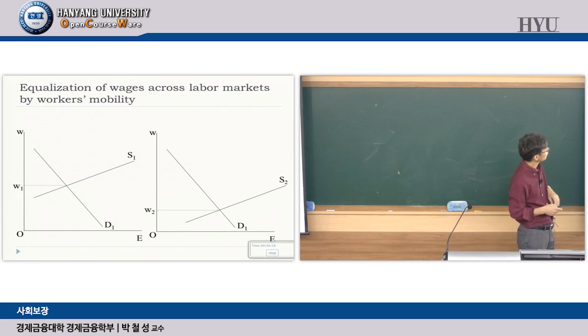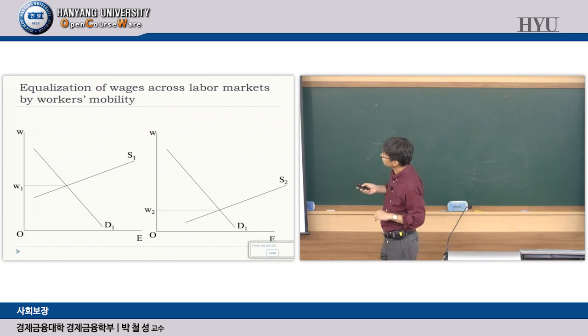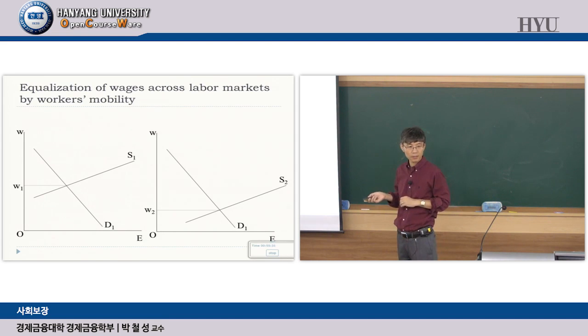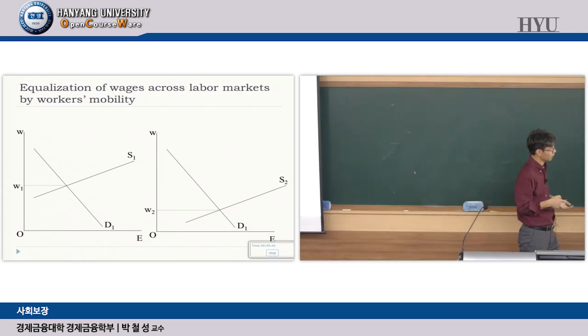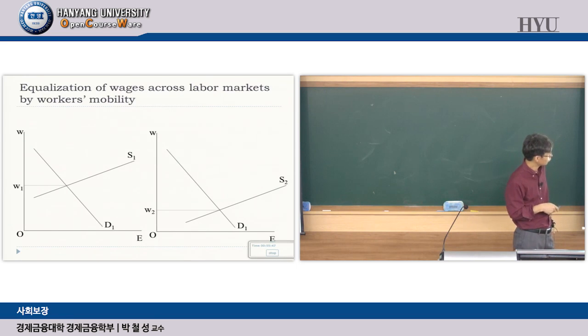I'm going to go over this labor market equilibrium very quickly. What happens is that in cases where the markets are perfect and there is no cost of movement across different labor markets, let's say across different regional labor markets, the wage should be equalized at the end.